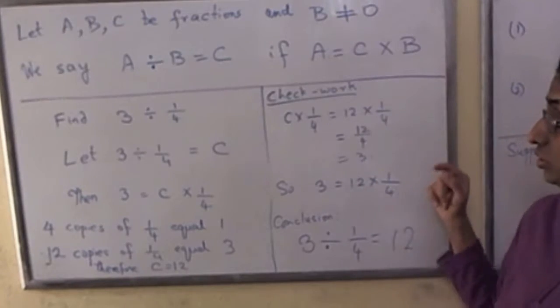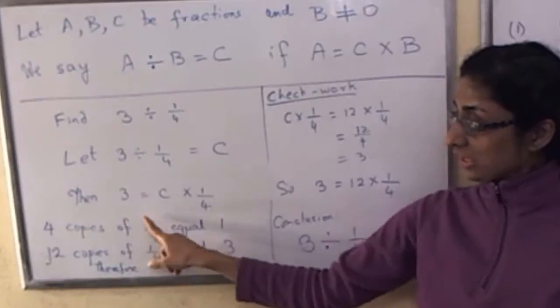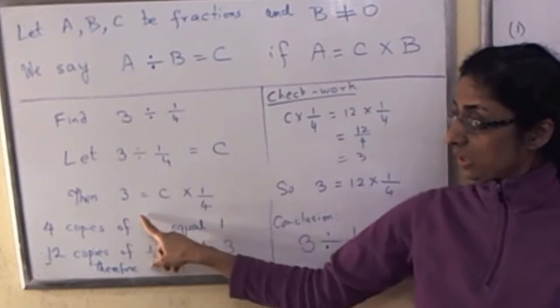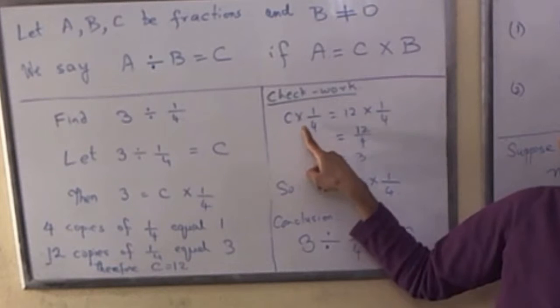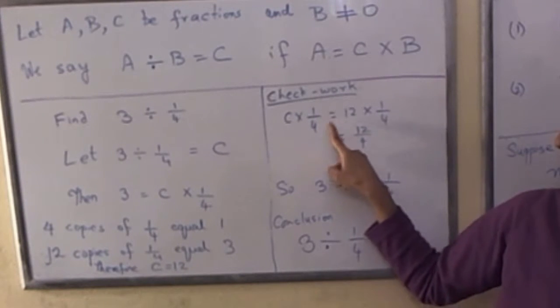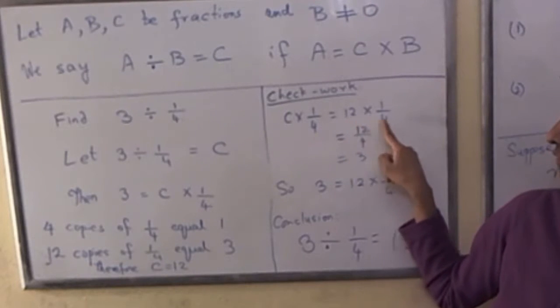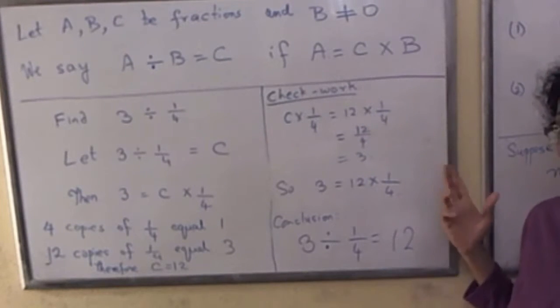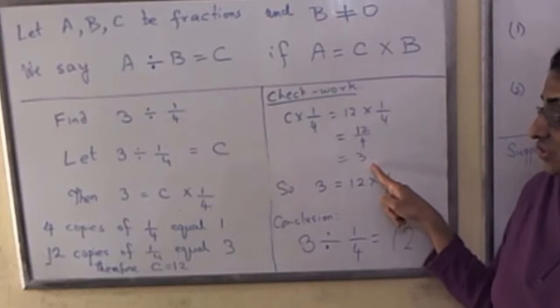And it's also good to do check work. Check work would mean that to really make sure C equals 12 satisfies this equation. So for that we write out C times 1/4 equals, we put in the value of C which is 12. We calculate 12 times 1/4 using our product formula of fractions. We get 12 over 4 which we know is 3.